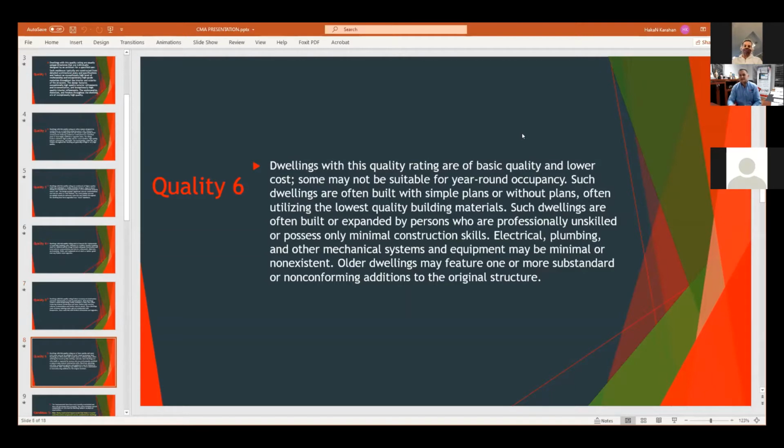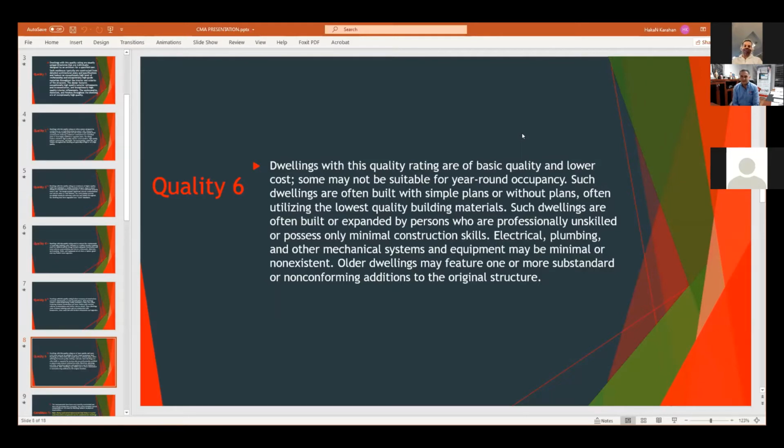Dwellings with this quality rating are of basic quality and lower cost. Some may not be suitable for year-round occupancy. Such dwellings are often built with simple plans or without plans, often utilizing the lowest quality building materials. They are often built or expanded by persons who are professionally unskilled or possess only minimal construction skills.